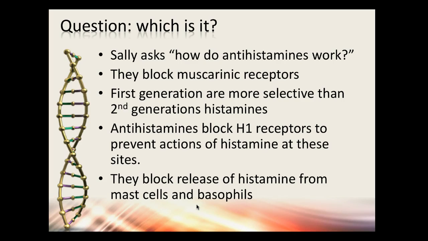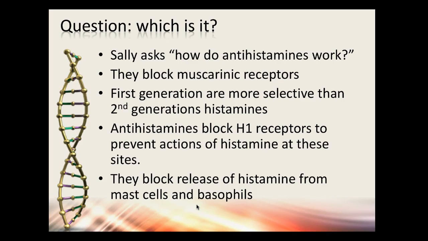Antihistamines block the H1 receptors to prevent actions of histamine at these sites. So yes, I'm going to think that because they do block the H1 receptors. Remember we saw in the past slides, I'm not going back to it. That was dumb of me to do that in the first place. It takes forever. To prevent actions of the histamine because we don't want that histamine release. So it blocks the receptors. So I'm thinking C is the answer.